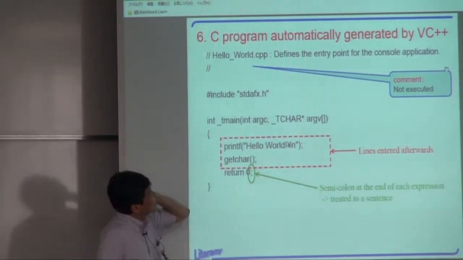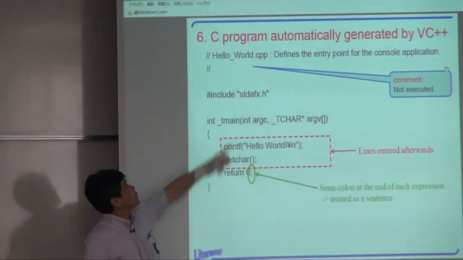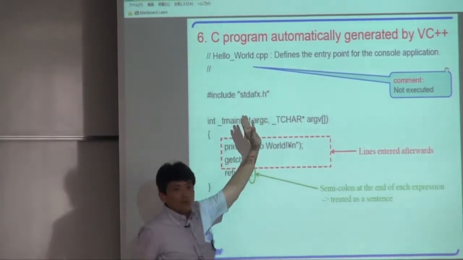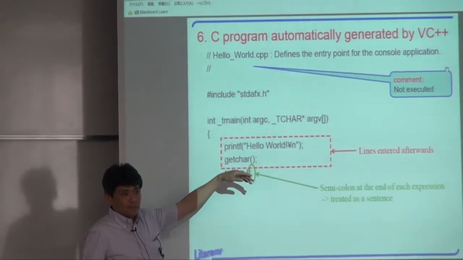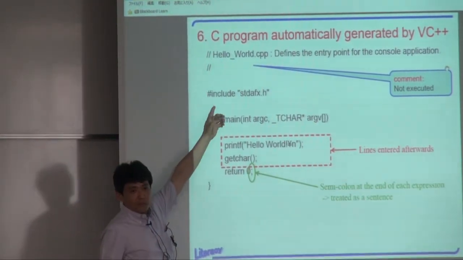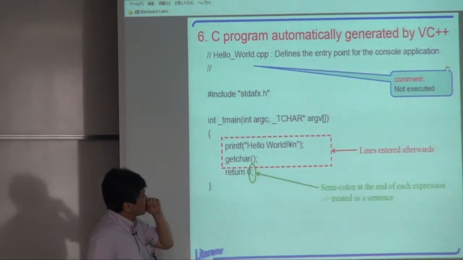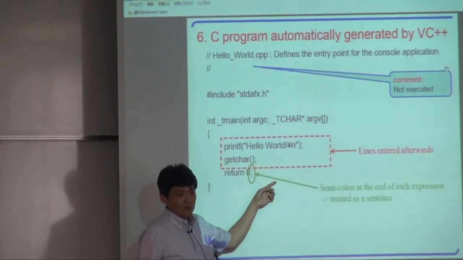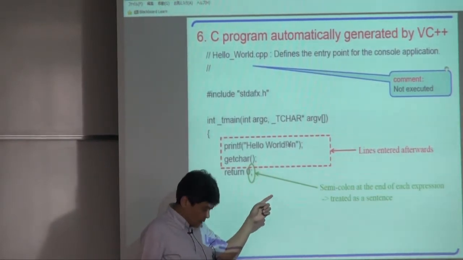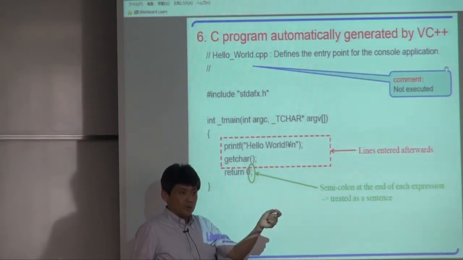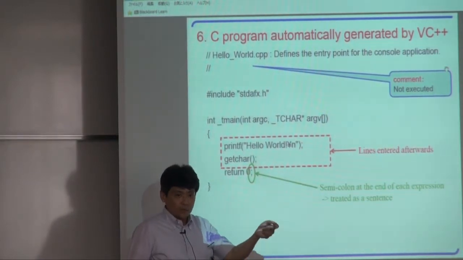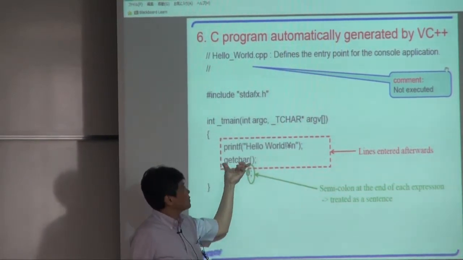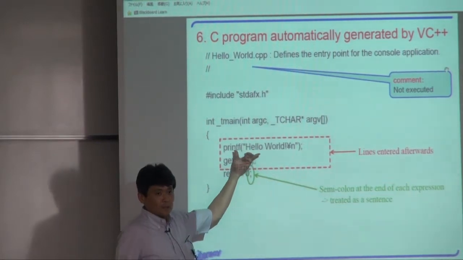The // means a comment, so usually these are ignored by compilers, because it is treated as a comment. And you have to put a semicolon at the end of each line, because the semicolon is treated as the end descriptor for one sentence. So this is treated as one sentence.